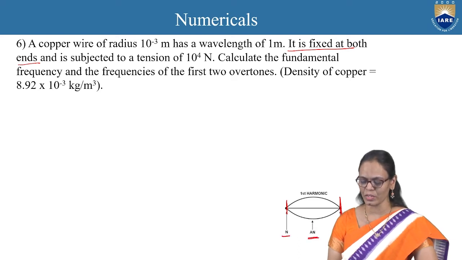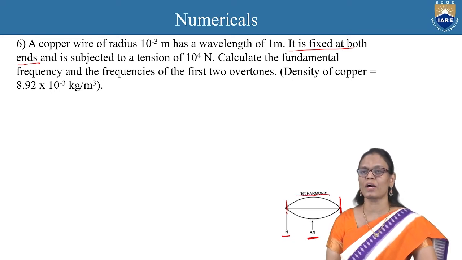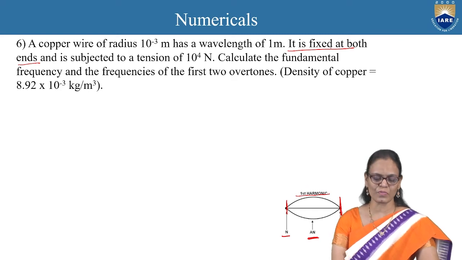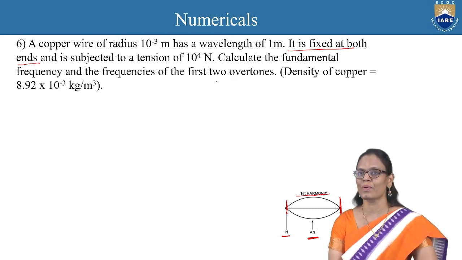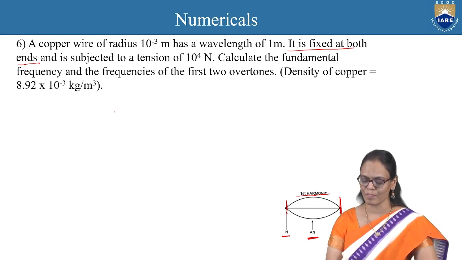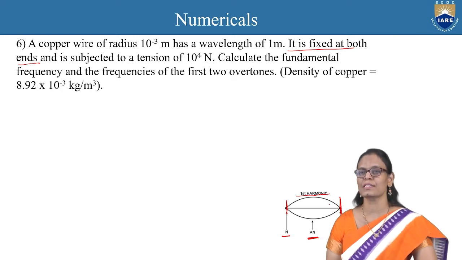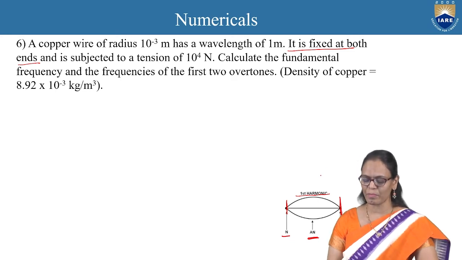This is the fundamental mode of vibration or the first harmonic. Because it is fixed at both the ends and we are trying to calculate the fundamental frequency and the frequencies of the first two overtones, in the first harmonic this is the case. Now we know that the distance between any two nodes is given by lambda by 2.